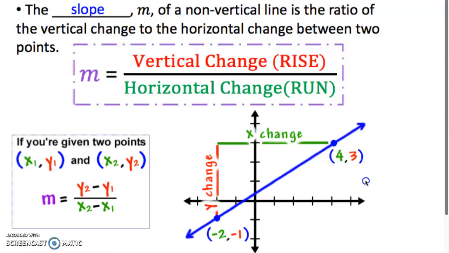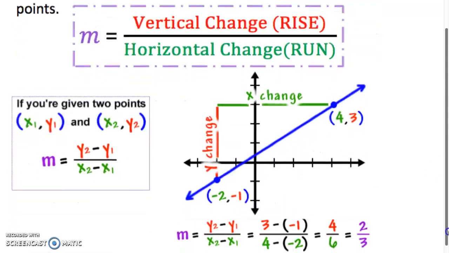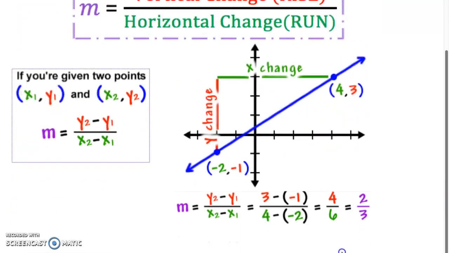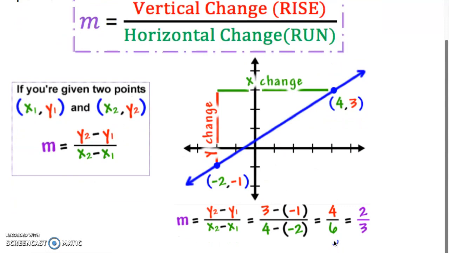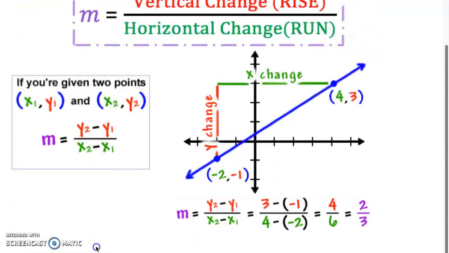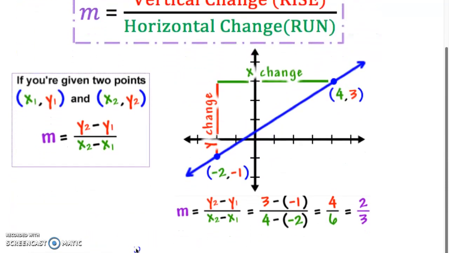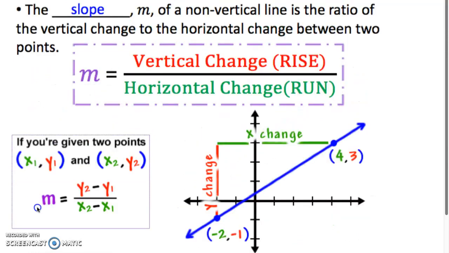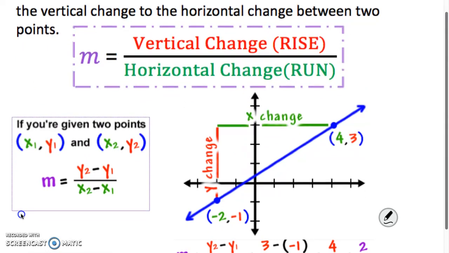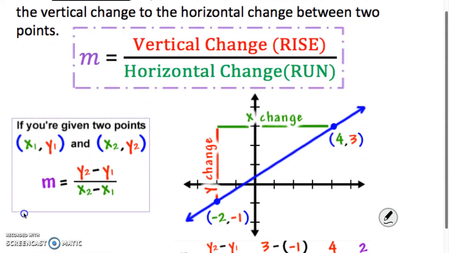So my rise was 4 and my run was 6. To reduce that, I get 2/3. If you plug those 2 points into the slope formula here, you will also get 2/3. So plug it in here.